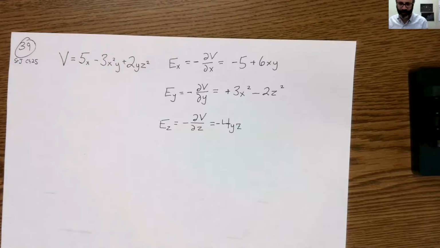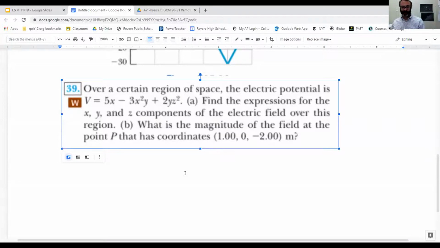Okay. So let's see now, there was a part B to this, right? So if I go to this again, what's the magnitude of the field at the point P that has coordinates (1, 0, -2)?